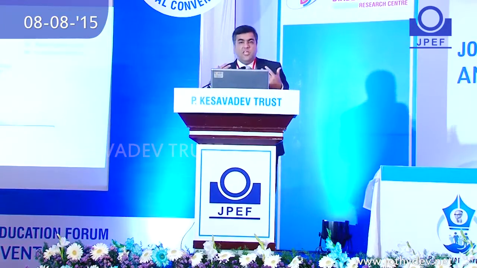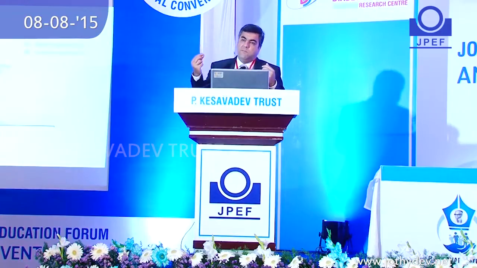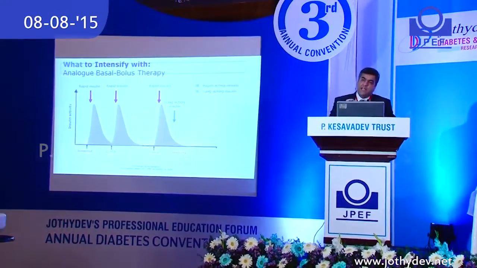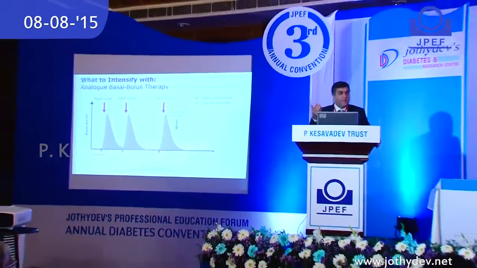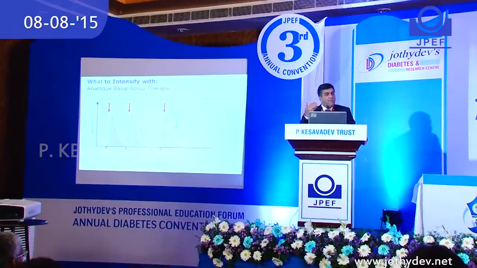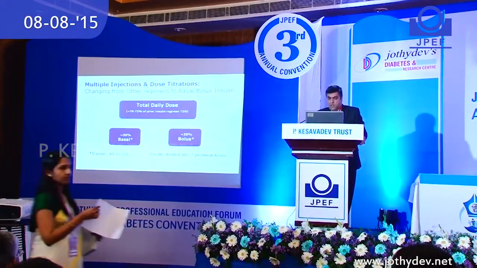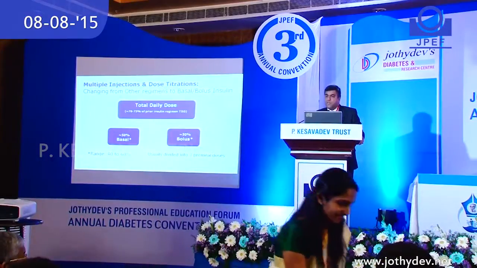So very often, if you've seen, for comfort we start only with basal insulin, and a lot of us would decide that when the patient requires intensification but is not ready to move to the entire basal bolus regime, shifting away from basal and getting into a premix twice a day might be an option, and then moving from premix twice a day to thrice a day where required. Again, multiple injections and dose titration.